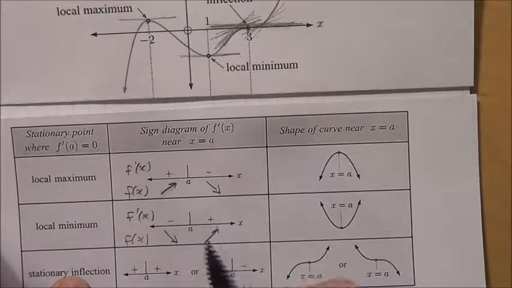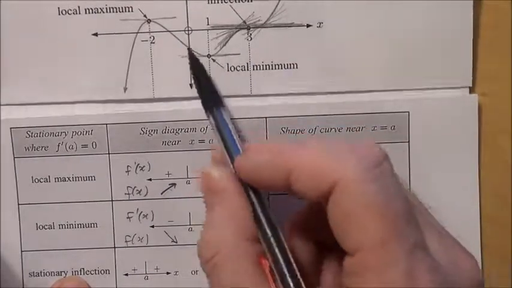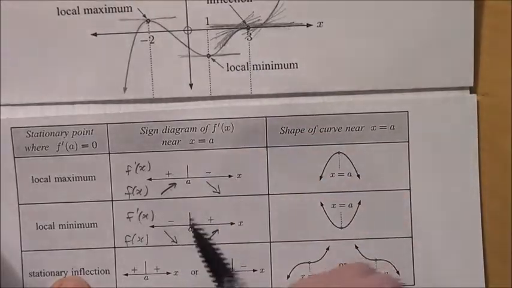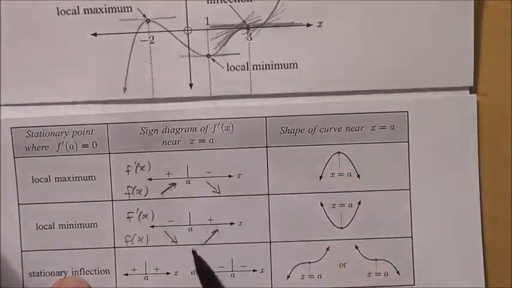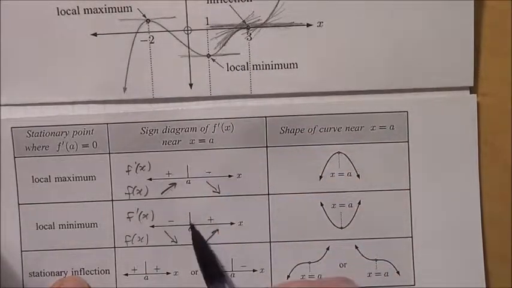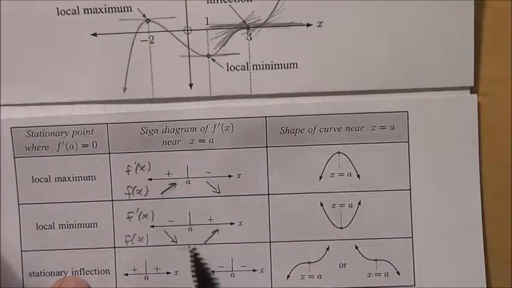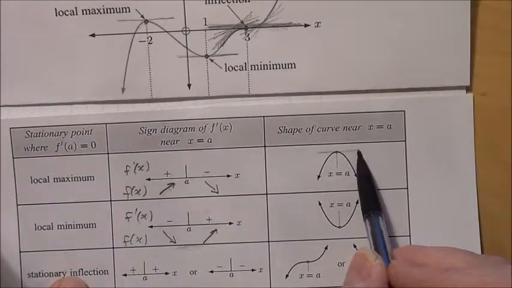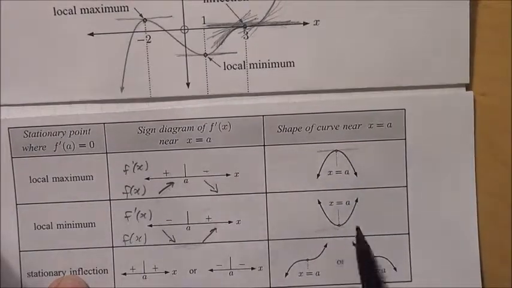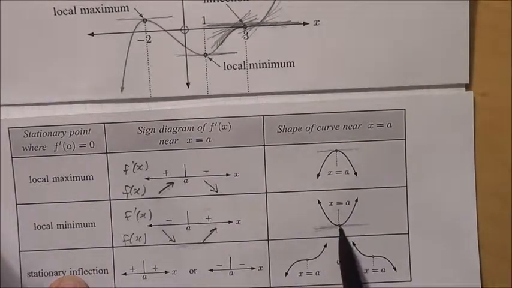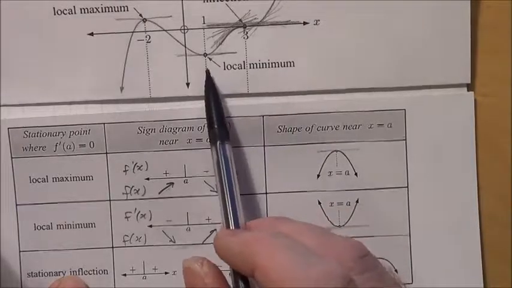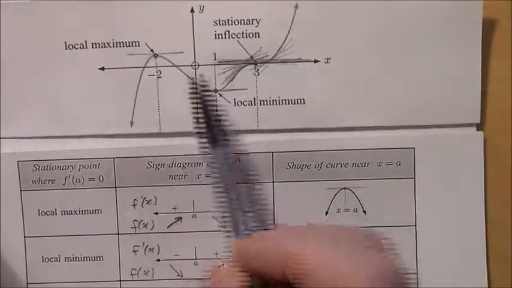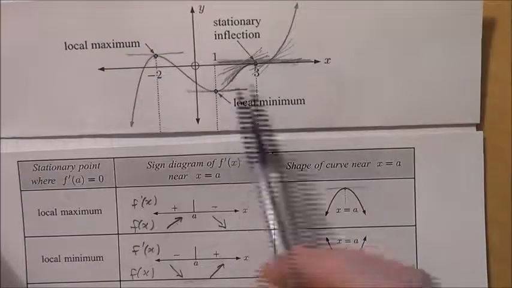We see that we have that curvature here, which mimics this curvature, and that shows that there is a local minimum there. And right at x equals a in both of these cases, there's going to be a horizontal tangent. So here there's a horizontal tangent right there at x equals a, and right here at x equals a. In this case, looking at these two at x equals -2 and x equals +1.